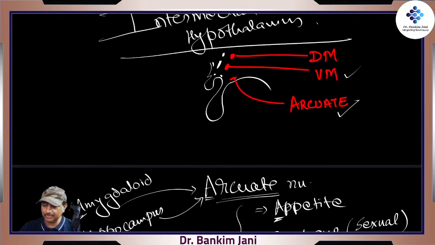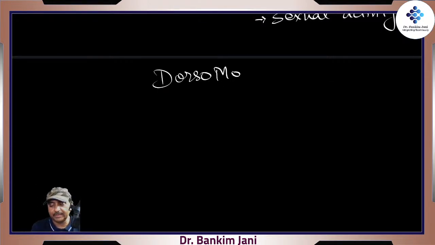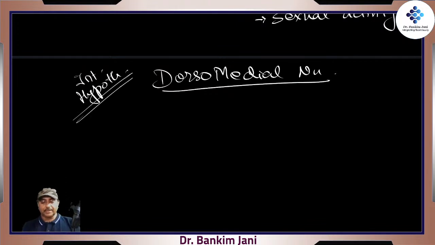So two down, one to go. This is the dorsomedial nucleus. This is so easy. Remember, dorsomedial nucleus is part of that intermediate hypothalamus. Make it a short form.